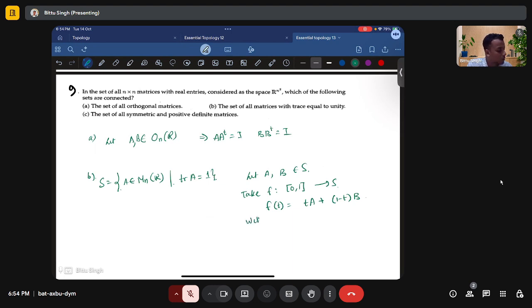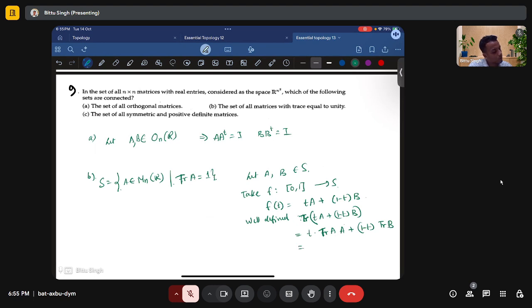This is well defined because of the fact we need to see that tA + (1 minus t)B belongs to the range S. So tA + (1 minus t)B, if we take the trace of this, is the same as t times trace of A. Maybe write capital Tr to differentiate. t times Tr(A) plus (1 minus t) times Tr(B).